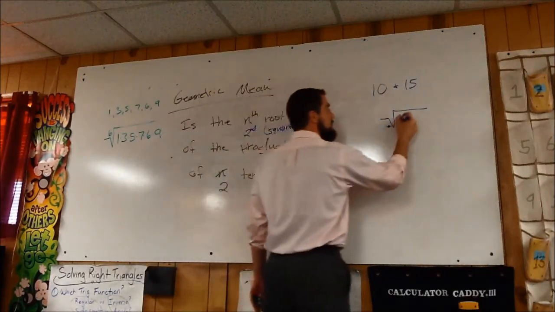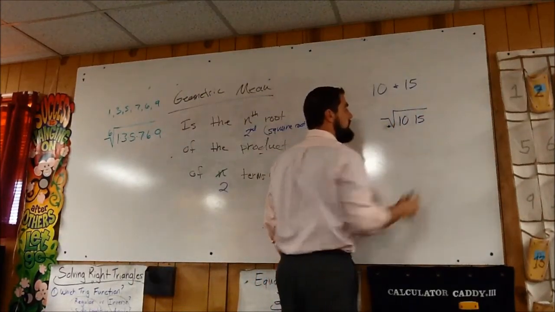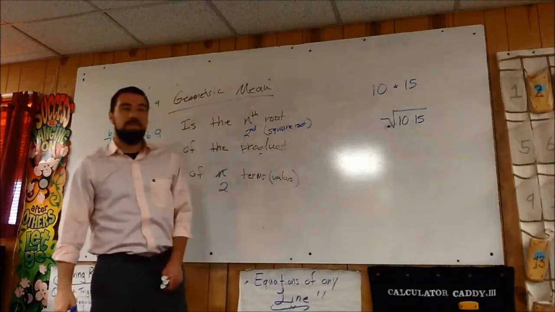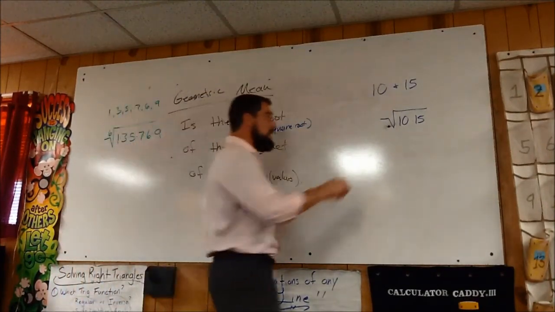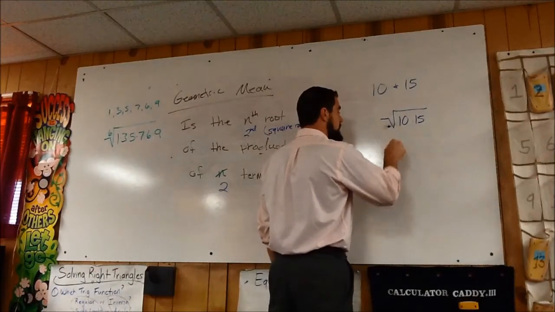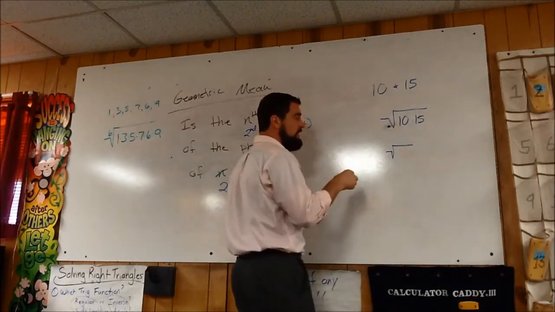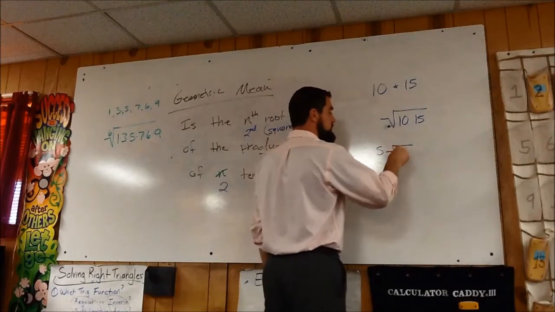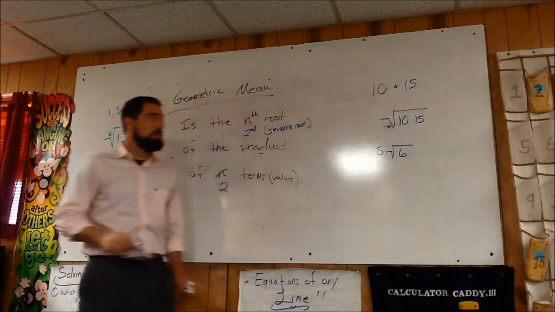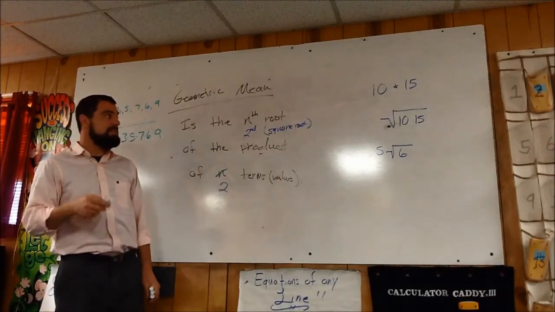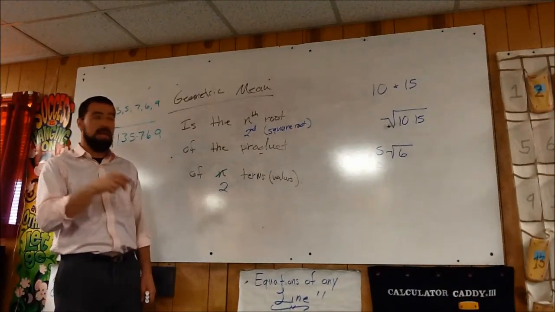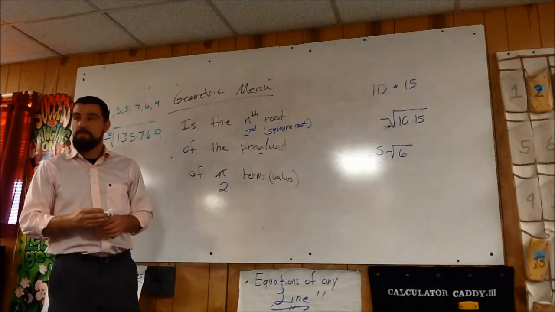The square root of 10 times 15. 10 times 15 is 150, and then I would have to simplify that radical. The square root of 150 is 5 square roots of 6. So 5 square roots of 6 is the geometric mean of 10 and 15.